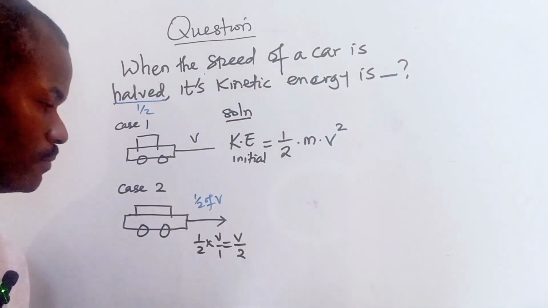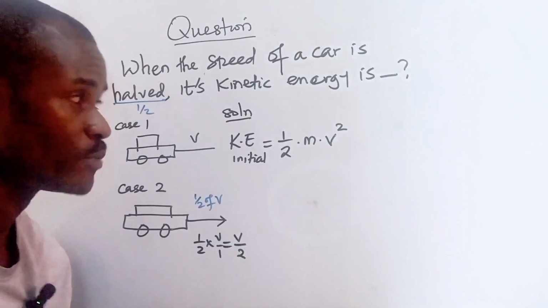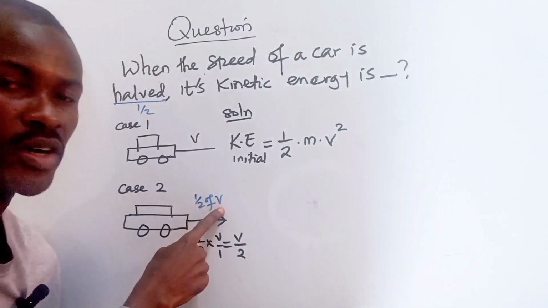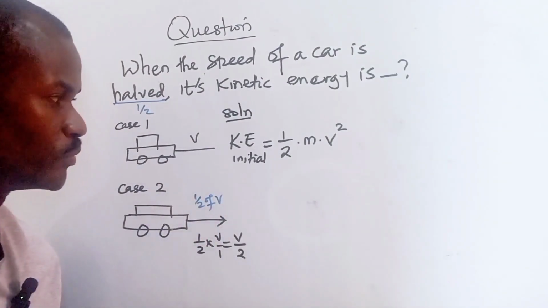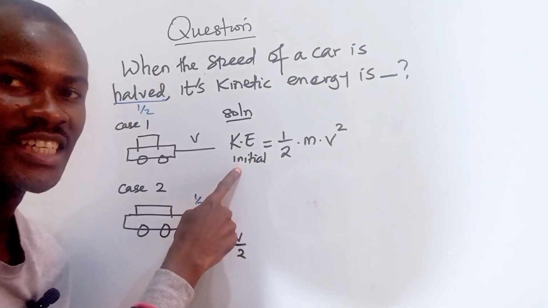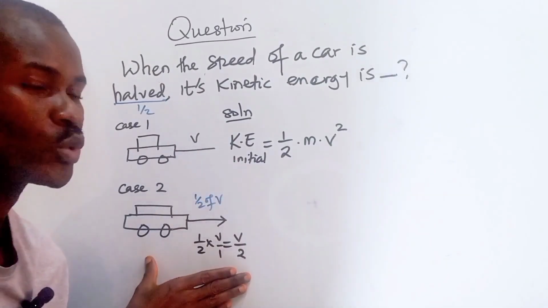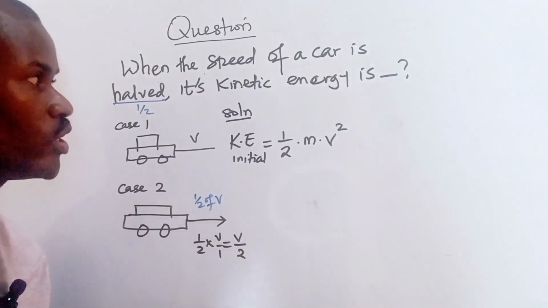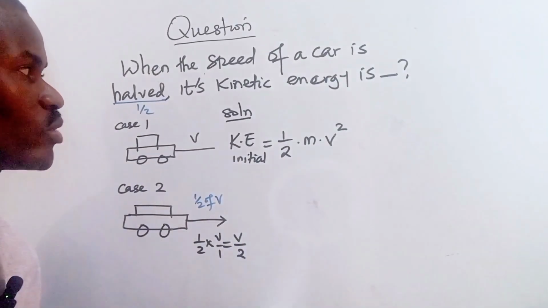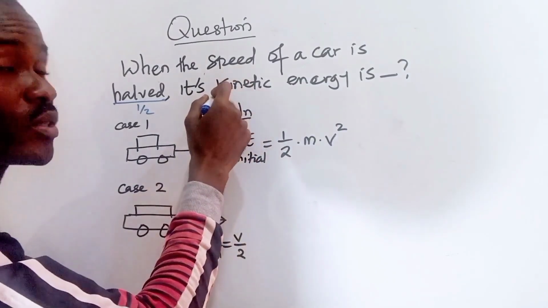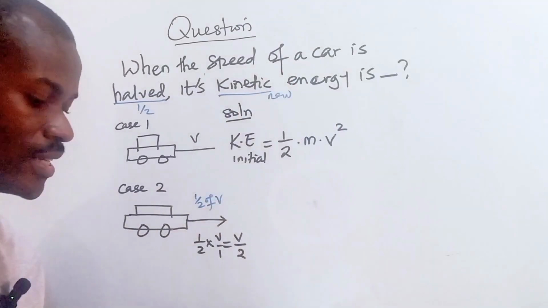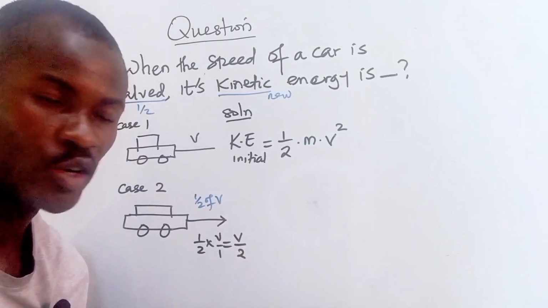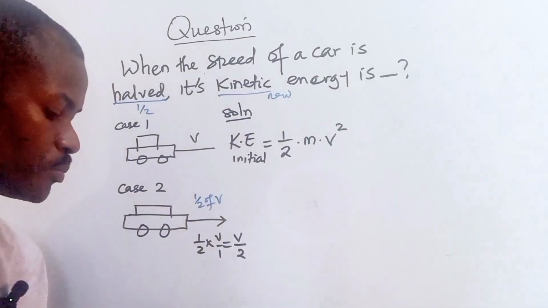So when the speed is half, we want to know, in terms of the initial kinetic energy, what has happened to the new kinetic energy. The question is asking what the new kinetic energy will become in relation to this.